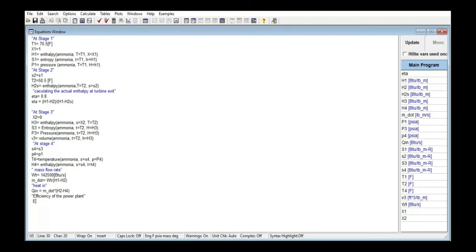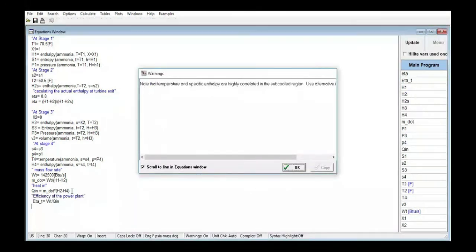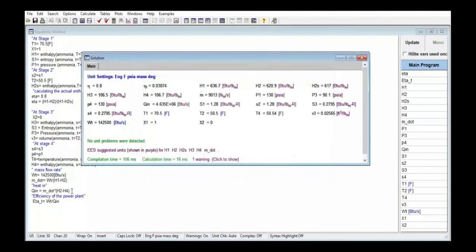Okay, we will mention eta underscore t as it is the total efficiency, which will be equal to the given work done, Wt, divided by the Q in which we have calculated, and here it is 0.03074, which is 3.74%.